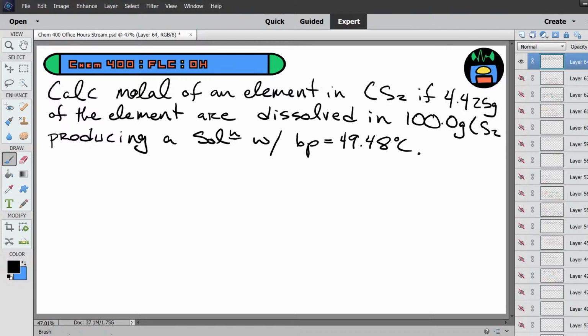All right, there's a couple things that are missing from this problem that we need to look up. I believe they're given at number 8.